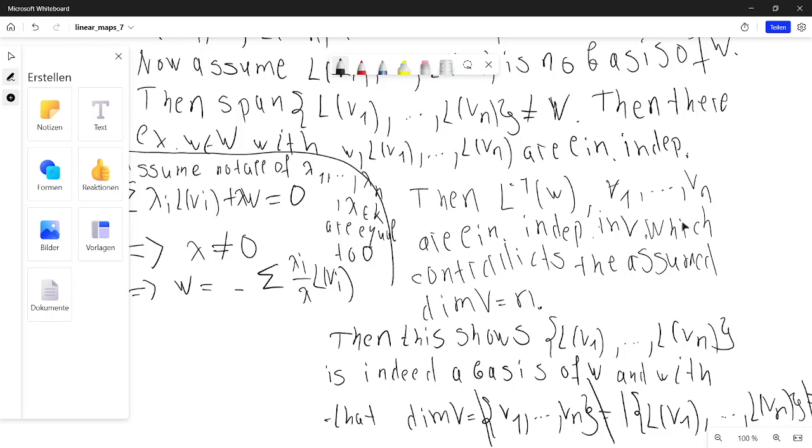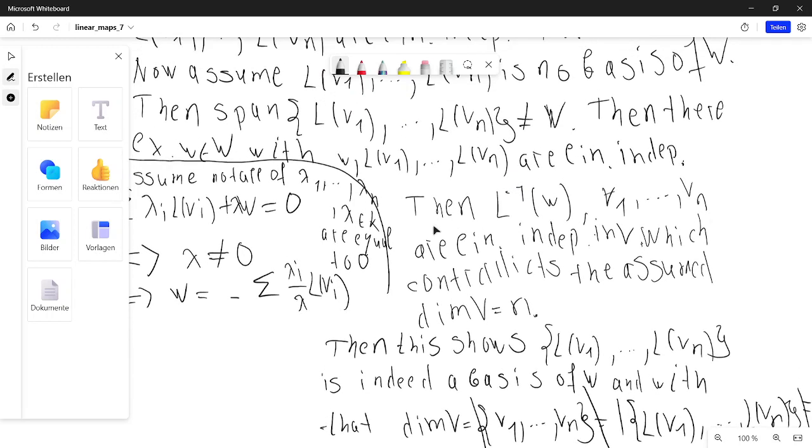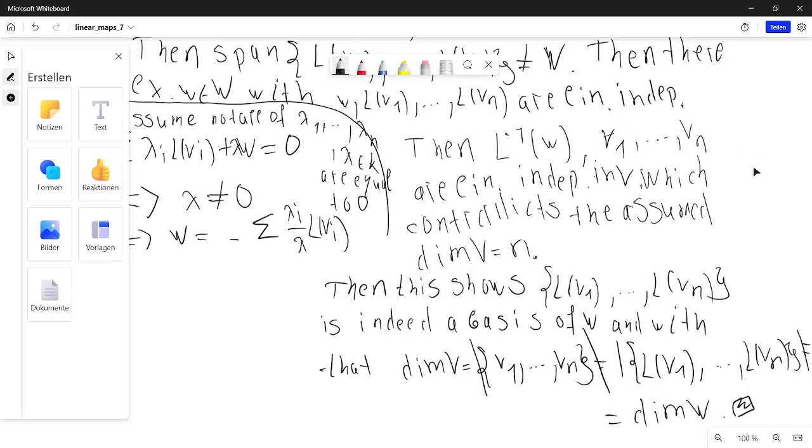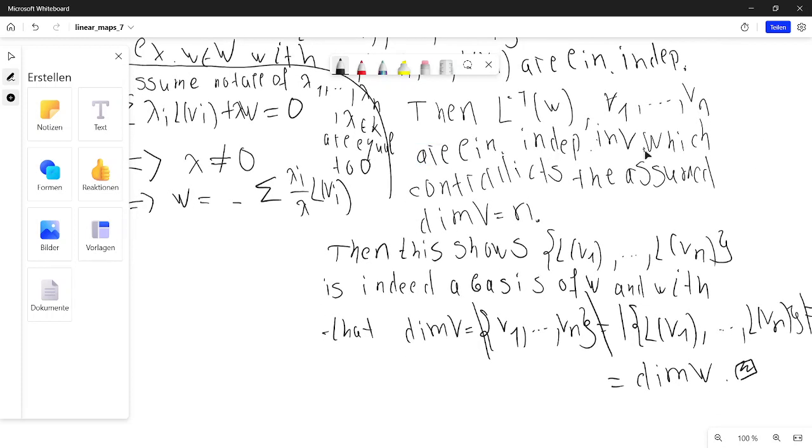This is in the preimage of this, right? Of course, the map is invertible, so here the preimage is even one element, so we can directly apply the inverse map. It's another way to see the linear independence. So anyway, we establish linear independence of L minus 1 of W, V1 to Vn.